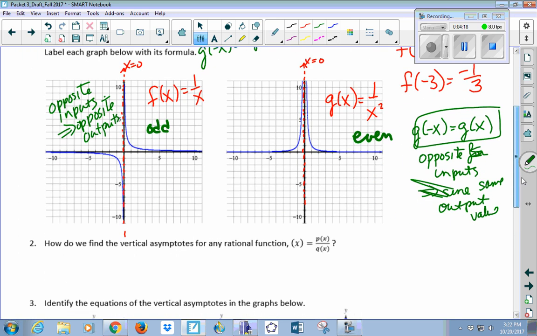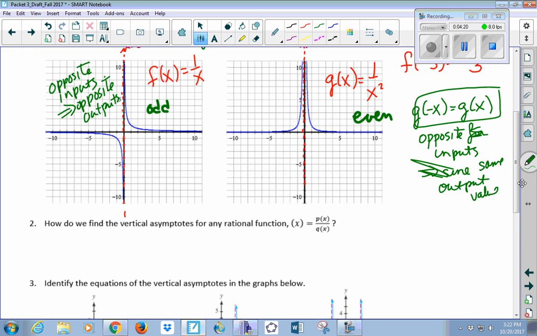All right, let's continue on. How do we find vertical asymptotes for any rational function? This should have a letter there like r of x. How about r for rational function? r of x is p of x divided by q of x, where both p and q are polynomials. And so we have seen so far that to find vertical asymptotes, we find when q of x is equal to 0.